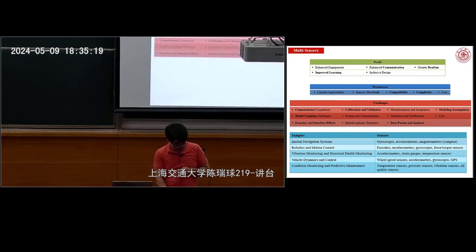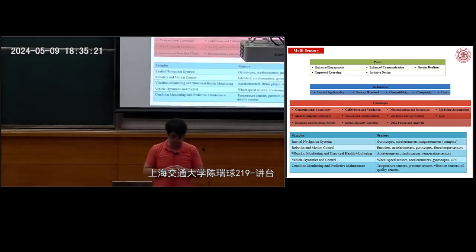So, in multisensory, I want to talk about some items: profits, weaknesses, challenges, and some examples. For example, what are the profits important for you in multisensory? For example, enhanced communication, improving learning for your data mining techniques.